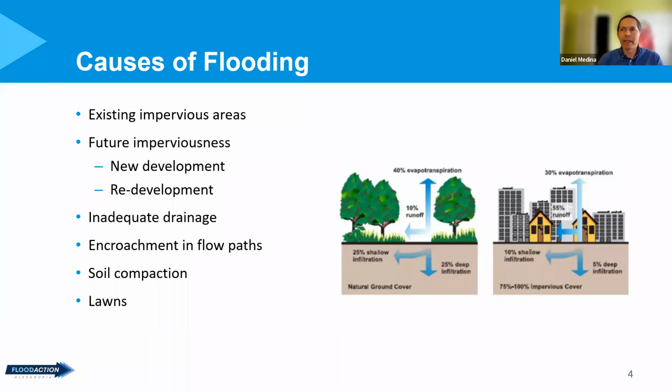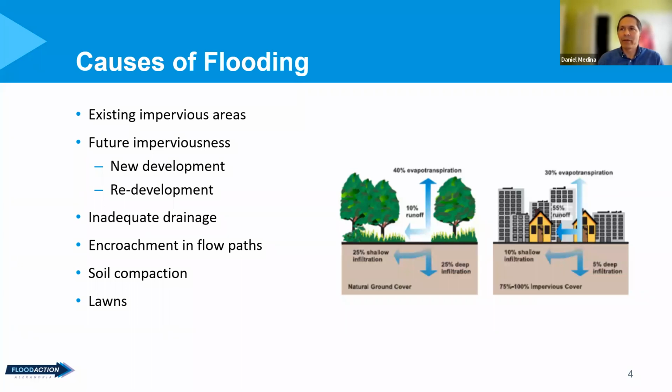and becomes flooding. What happens is described on the left. You see on the little drawing with the trees, this is what would happen typically in a forested situation. You get water coming down from the sky. A lot of it evaporates, 40% in this case. This is just an example.